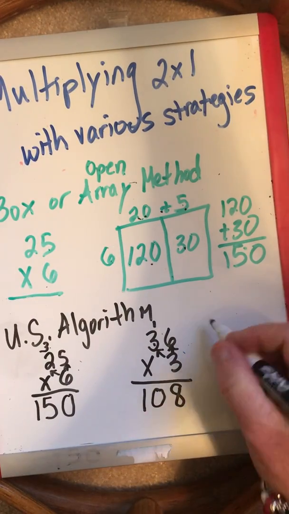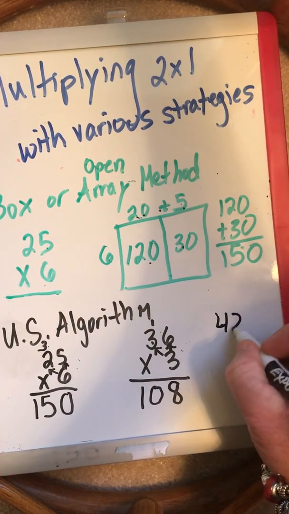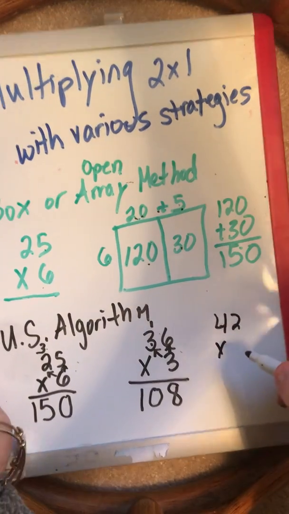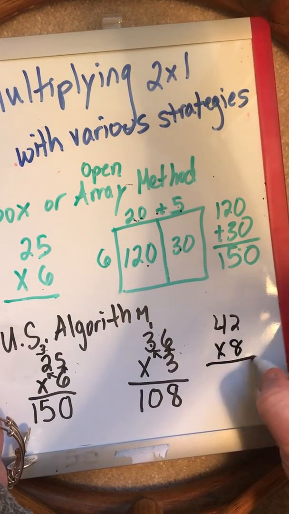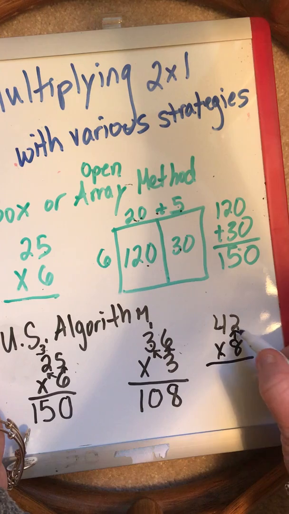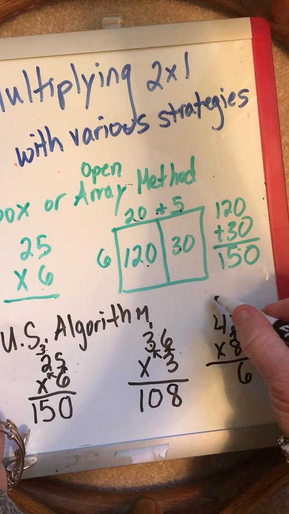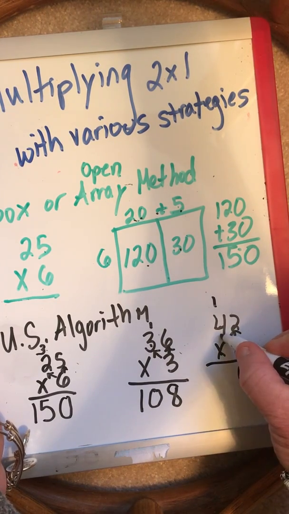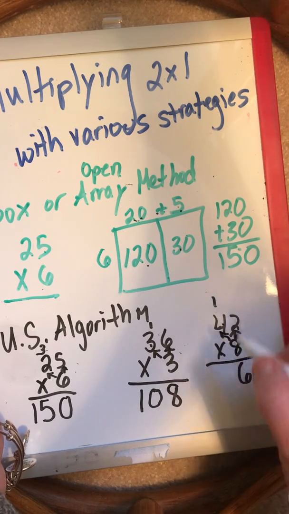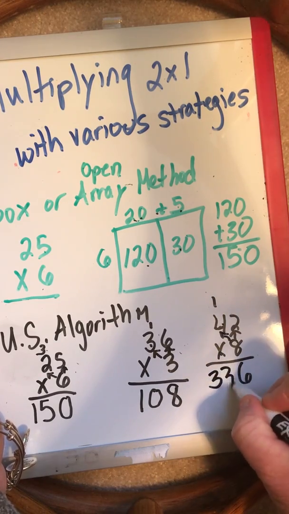One more example for this one. 42 times 8. 8 times 2 comes first, 16. Down your 6, carry your 1. And then 8 times 4, which is 32, plus 1, which is 33.